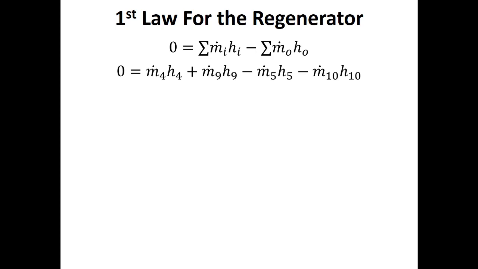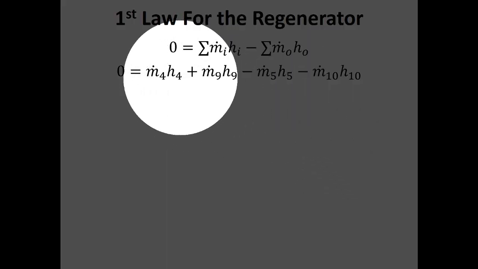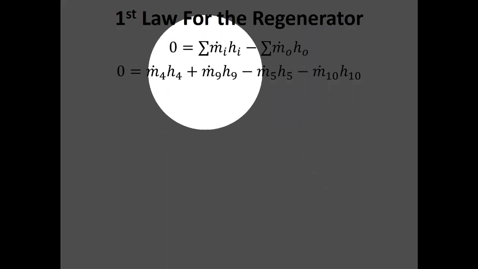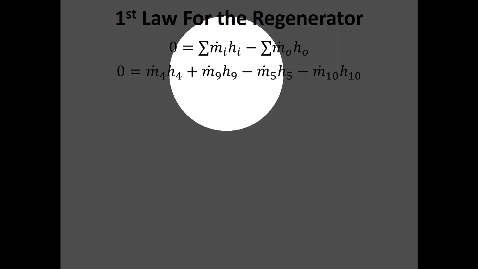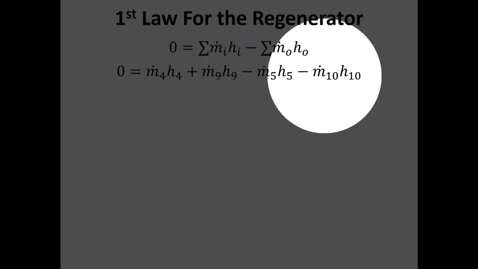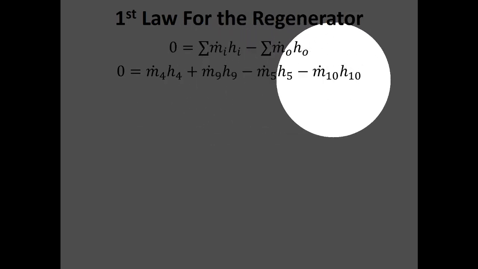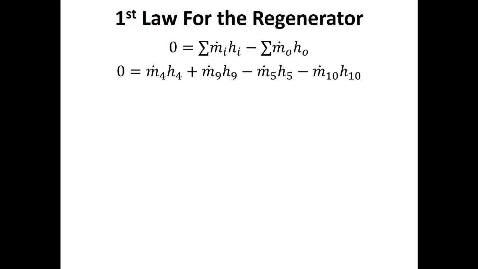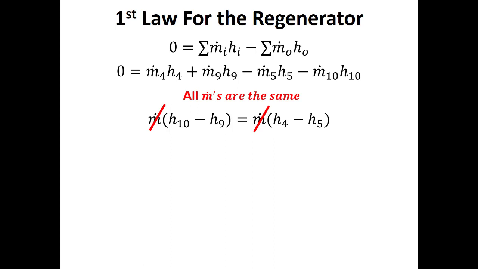So we look at our two inlet states. The cold inlet happens at state 4, the hot inlet at state 9. The cold outlet is state 5, and the hot outlet is state 10. So now I can collect terms on the hot side and the cold side. I recognize that the mass flow rates are the same, so they're going to drop out.